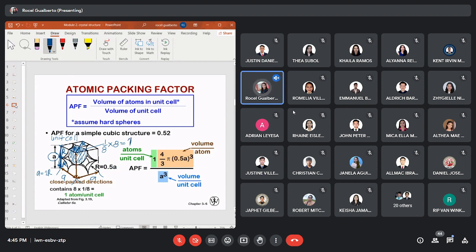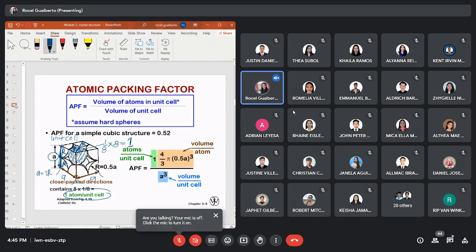Okay, so ibig sabihin, pag binuo natin lahat ng mga portions na yan, will yield 1 atom sa loob ng isang buong unit cell. Okay, so yan po yung second parameter, the number of atoms per unit cell. So for a simple cubic structure, isa lang po yung mabubuo natin dyan. Isang buo lang. Nakuha po ba?